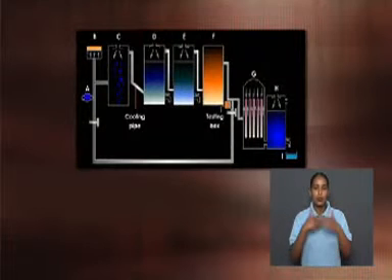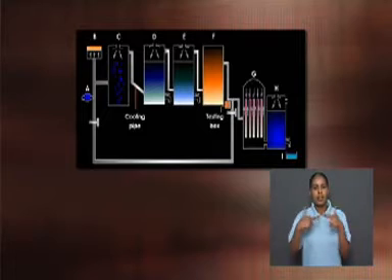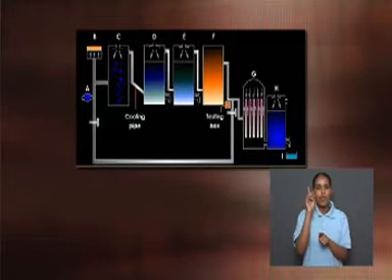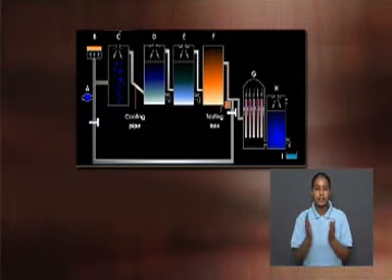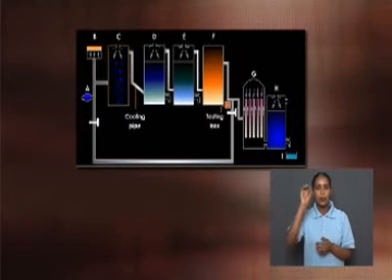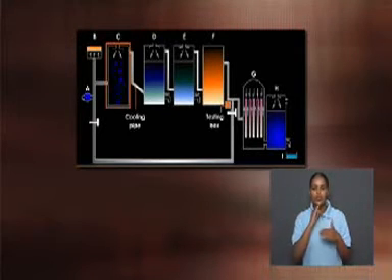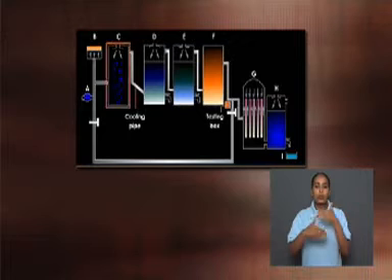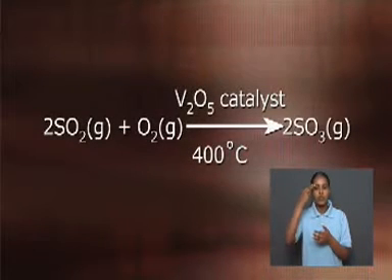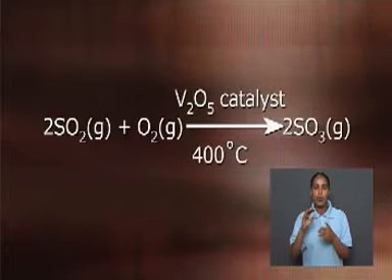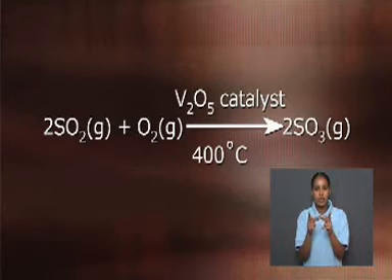This process is quite slow, but it is quickened by heating the reaction mixture to 400 degrees Celsius along with the presence of a catalyst. Vanadium pentoxide is used as the catalyst. This process is called contact process. This is because the sulfur dioxide and the oxygen molecules react when they come into contact with the surface of vanadium pentoxide.